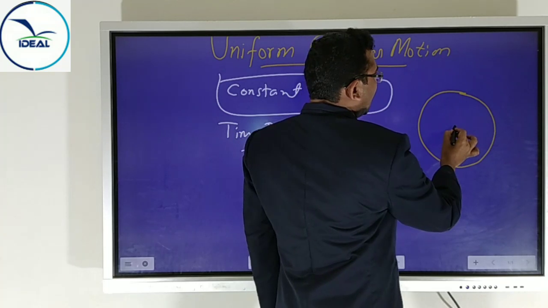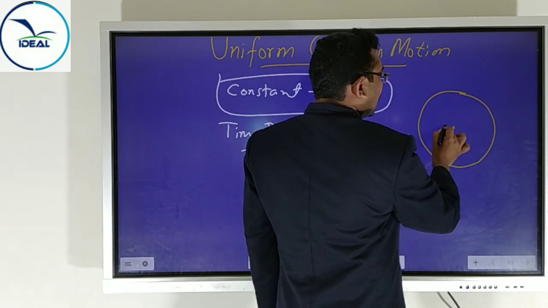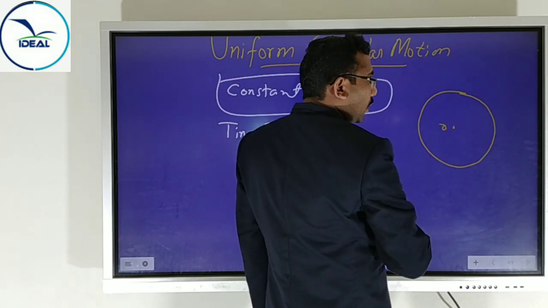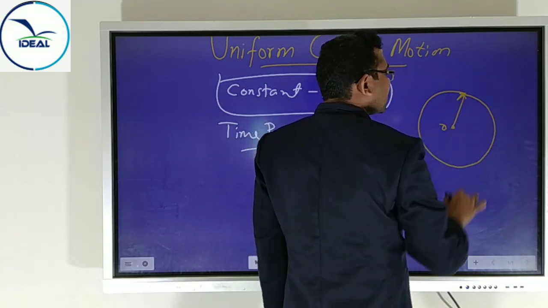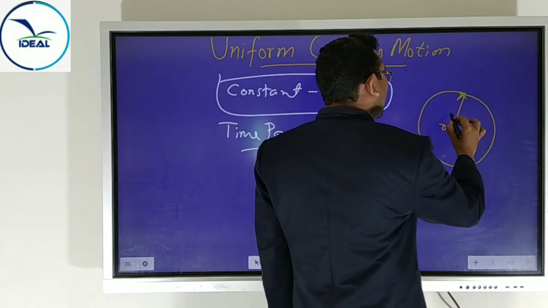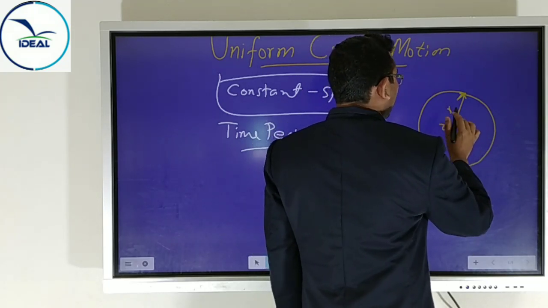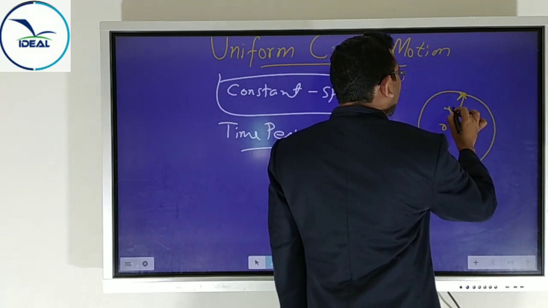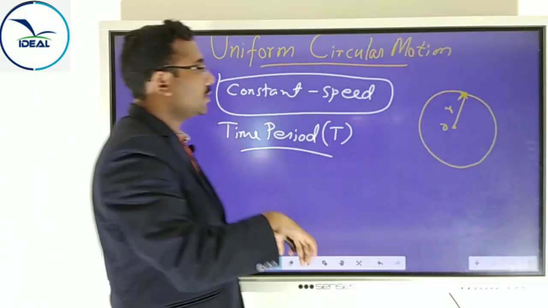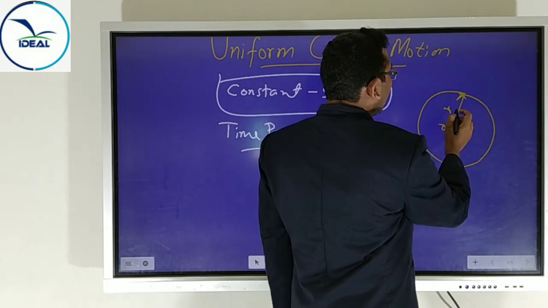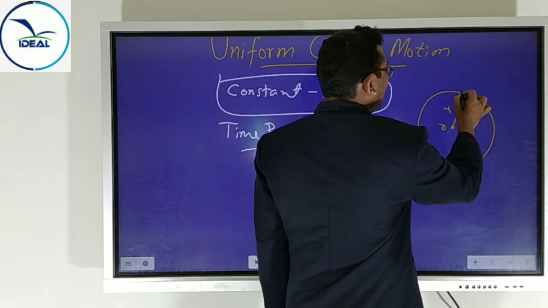In circular motion, we have a center called the origin, and we have a radius. In two dimensions, we call it the radius vector. Two-dimensional radius is not a constant, its direction changes. So it is a radius vector R.